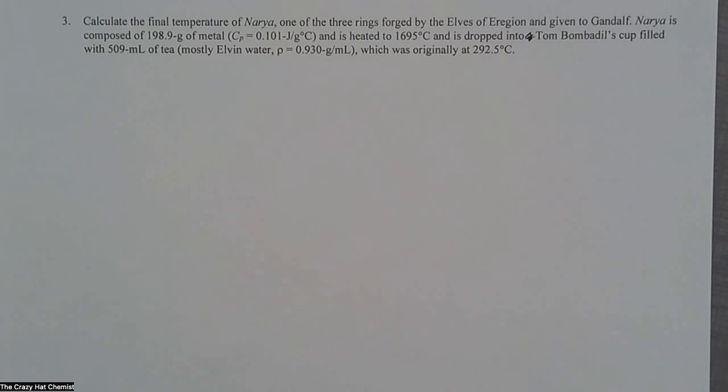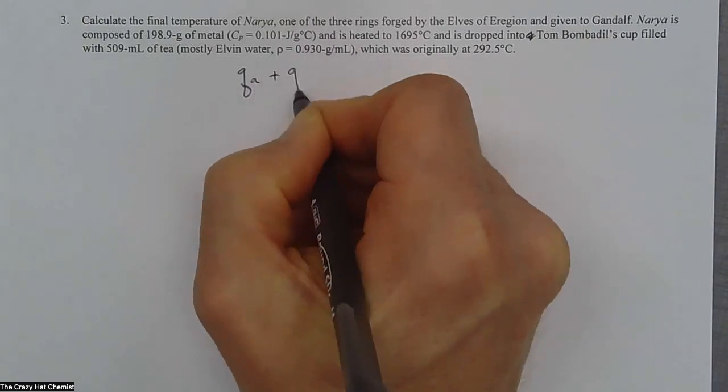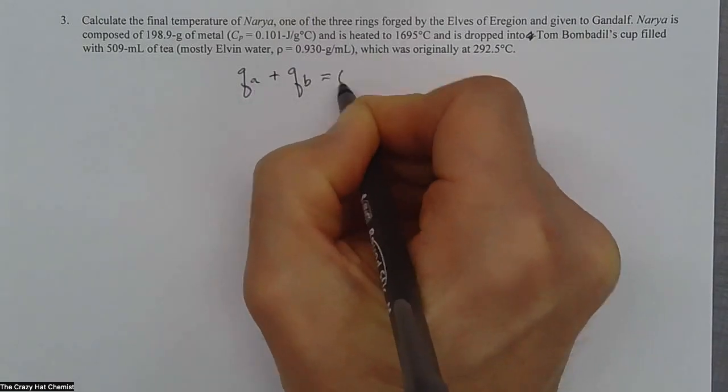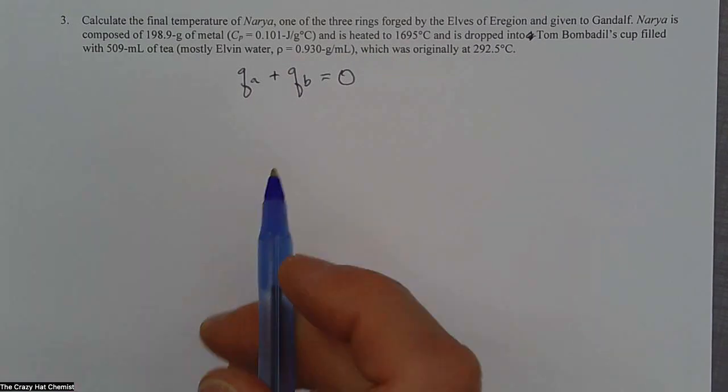So we're going to figure out what equation we're using first. We are using Q_A plus Q_B is equal to 0, which is what we plug into the thermal equilibrium equation. On the first worksheet, I actually used this one.